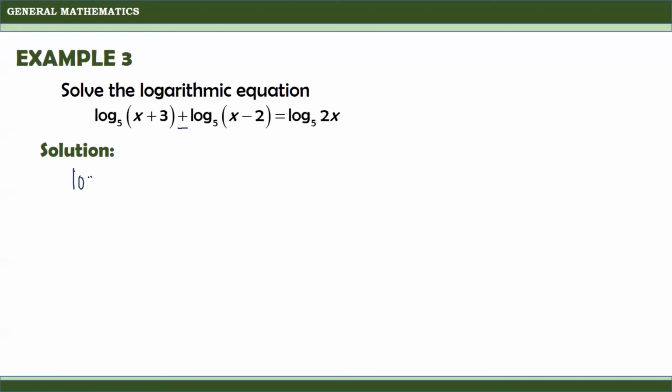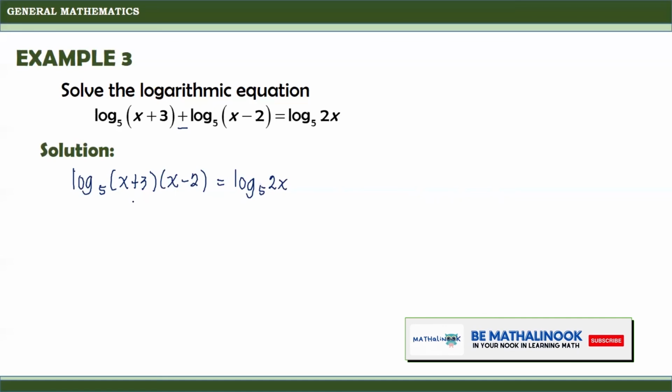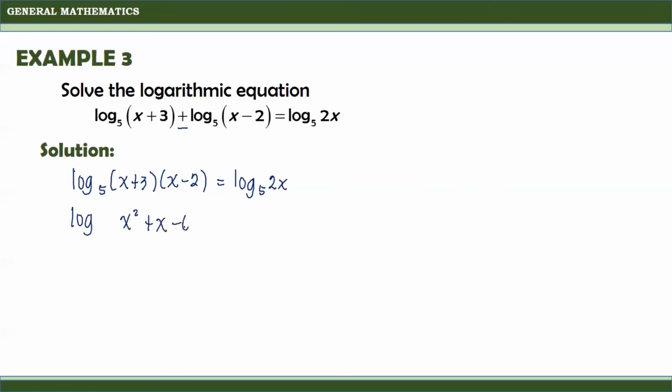So we will have the logarithm of x plus 3 times x minus 2 to the base 5 equals the logarithm of 2x to the base 5. Simplifying x plus 3 times x minus 2, we will have the logarithm of x squared plus x minus 6 to the base 5 equals the logarithm of 2x to the base 5.